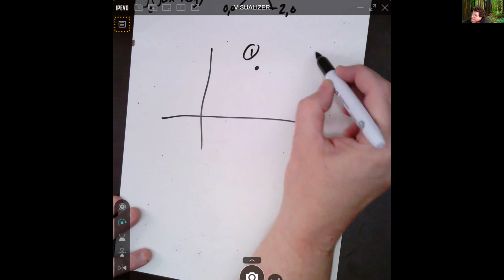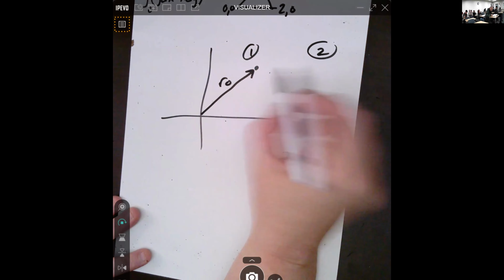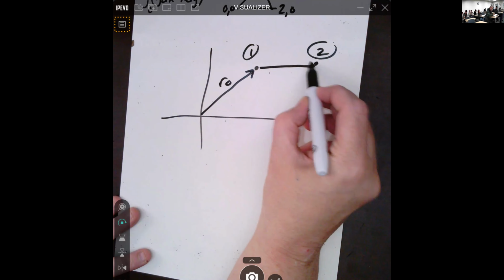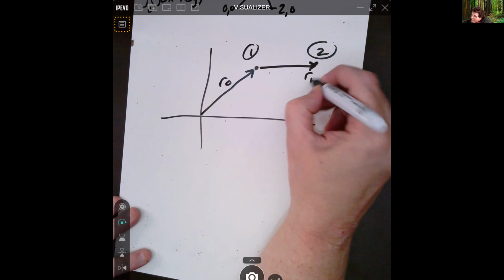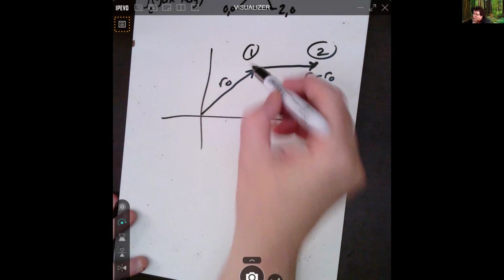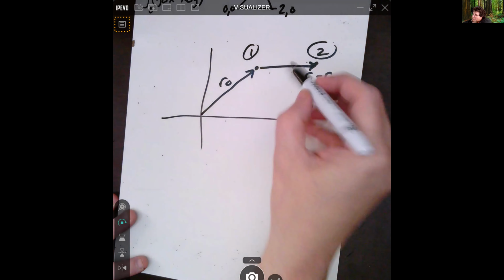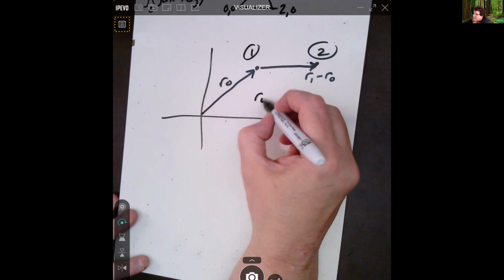0, 1, 0, 2. That's R0. This vector is R1 minus R0. So if we're going from 1 to 2, it's R0 plus t times that.